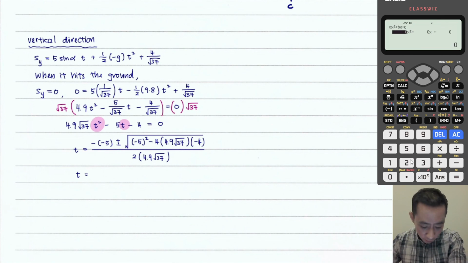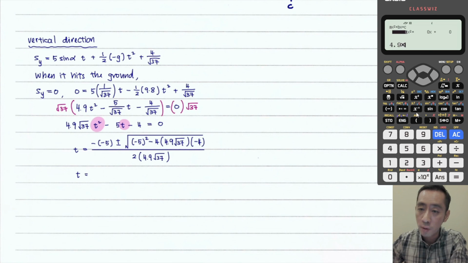What is the coefficient of x squared? In this case it is 4.9 times square root of 37. The coefficient of x is negative 5, and the constant is negative 4.